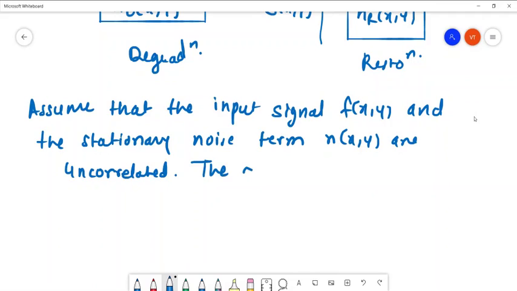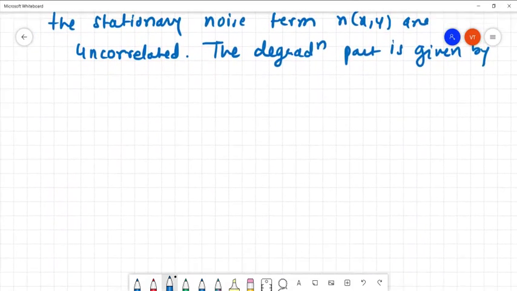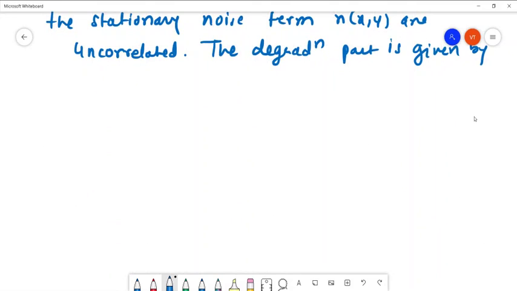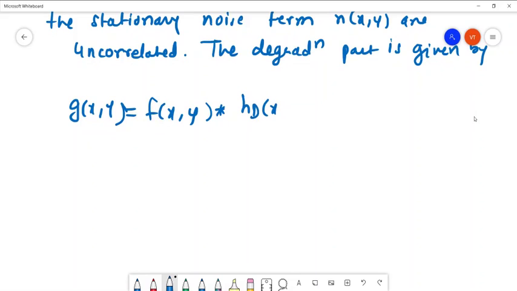The degradation model is given by g(x,y) equal to f(x,y) convolved with hd(x,y), that is the degradation function, plus noise n(x,y).